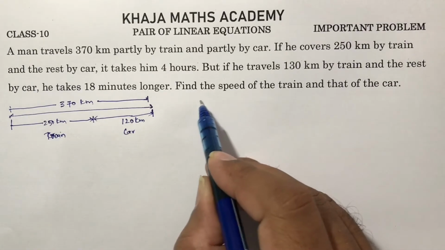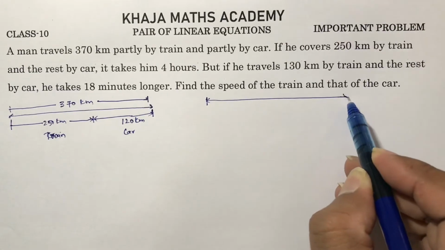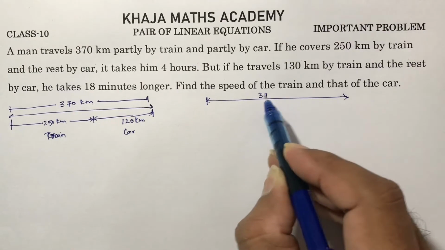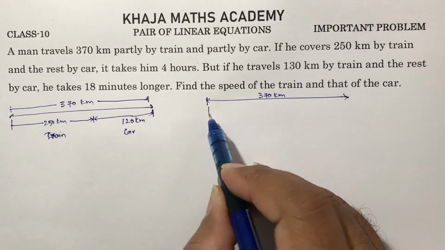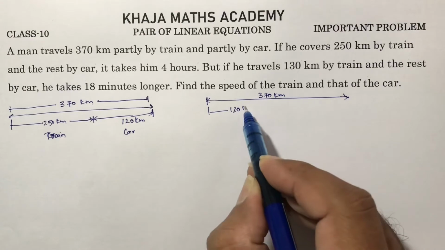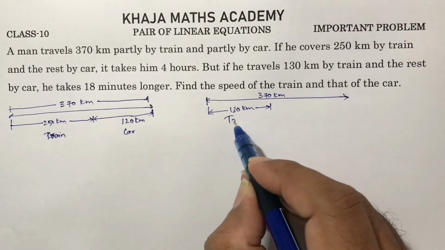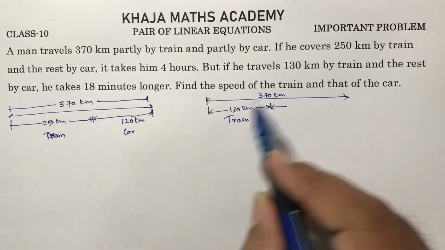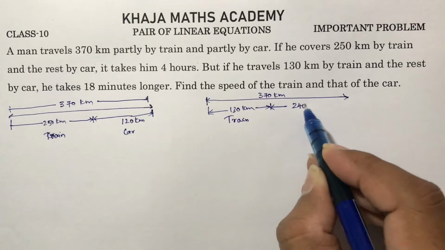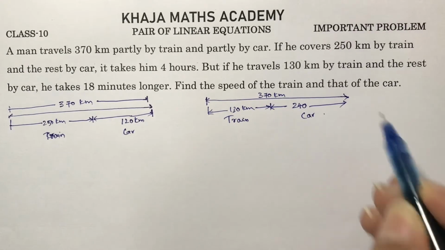In the next one, case 2, total 370 kilometers. If he travels 130 kilometers by train, so here he is traveling 130 kilometers by train, and out of 370, if we take out 130, we'll be left with 240 kilometers by car.